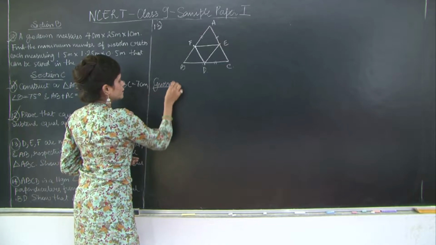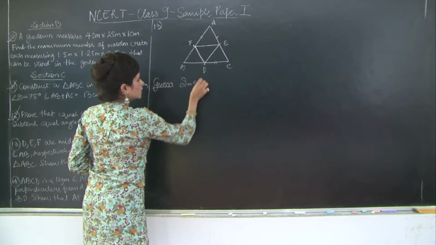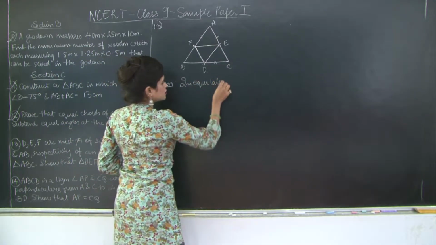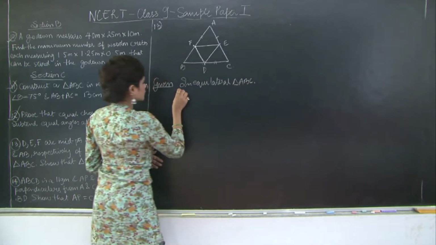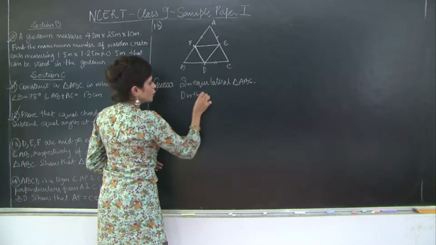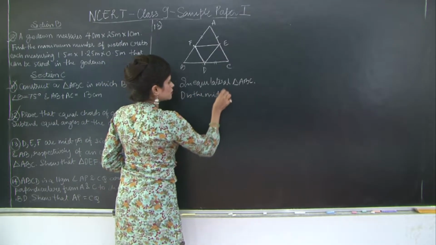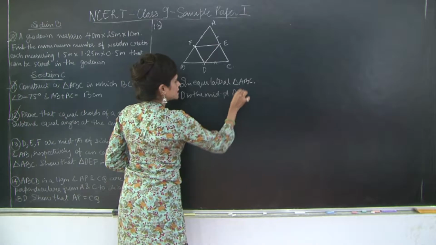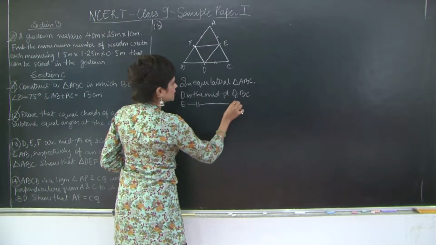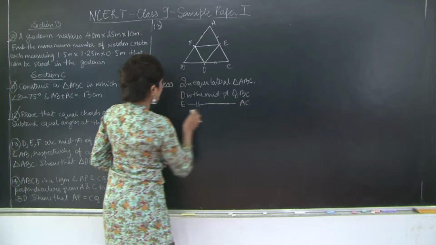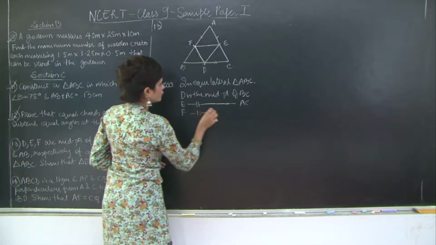So given in equilateral triangle ABC, D is the midpoint of BC, E is the midpoint of AC and F is the midpoint of AB.